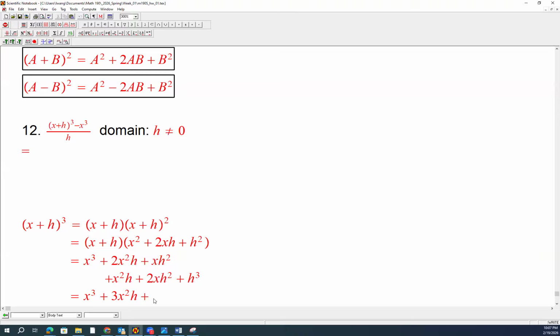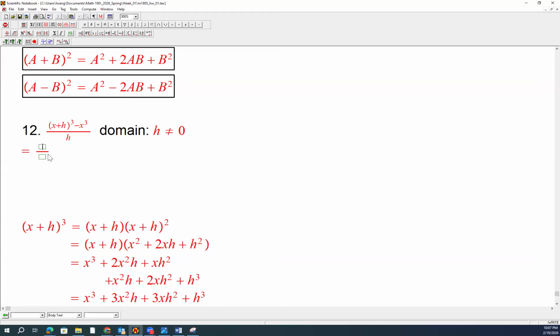So we get 3 times x h squared. And finally, h to the power 3. Bring this back here. You can do the FOIL here if you want to, okay? I will just bring this whole thing over here. And then minus my x raised to power 3.